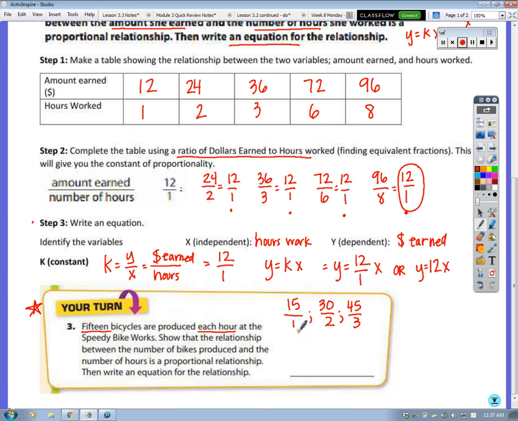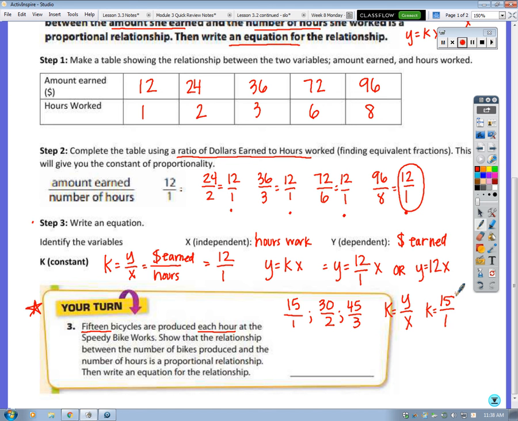So yes, all of these, they're multiples of each other, so they would simplify down to the same value of 15 bikes per hour, which means that my constant is going to be my y value over my x value, my bikes over my hours, and that would be 15 over 1, because my constant rate that I am producing bikes, my constant ratio is 15 bikes every 1 hour.